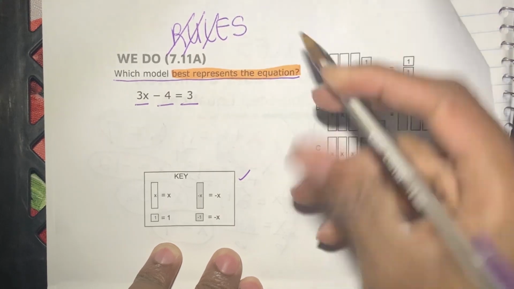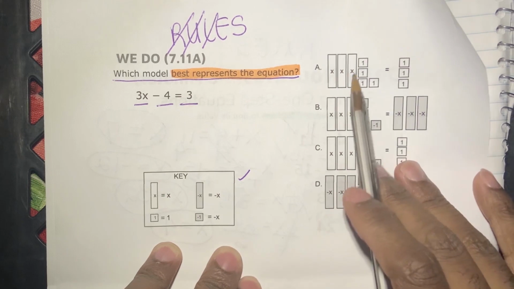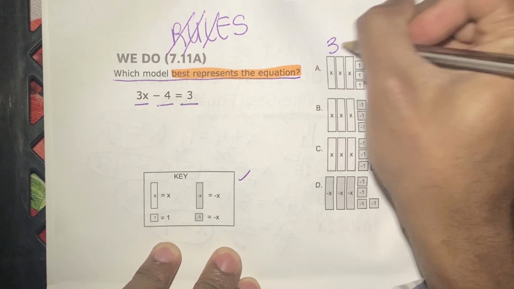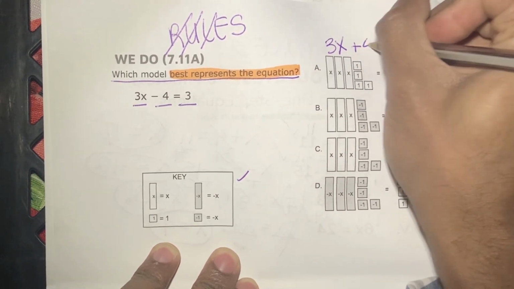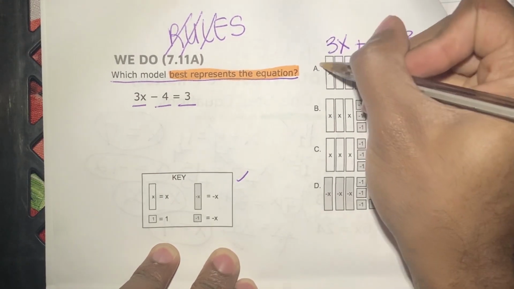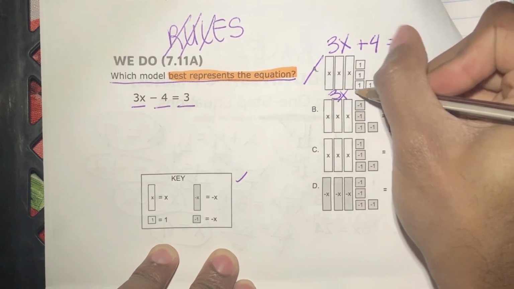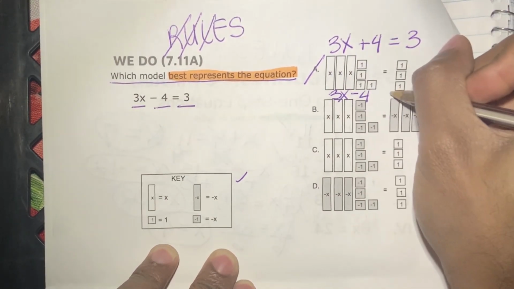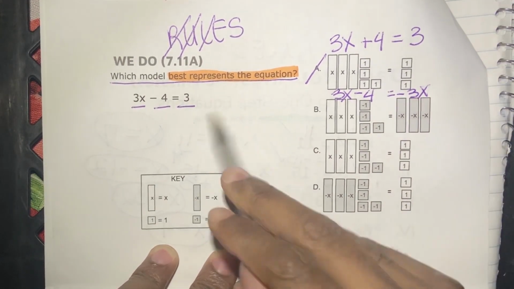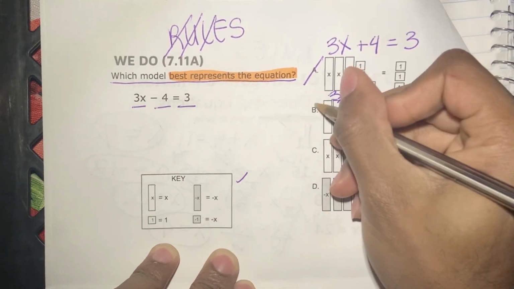Now we're going to evaluate by making sure that the algebraic tiles match the equation. So this is going to be 3x plus 4 is equal to 3. We're supposed to be minus 4, so it will not be A. Let's try B. B has 3x minus 4 is equal to negative 3x. This is close, but the last part of the equation is supposed to be 3, not 3x.